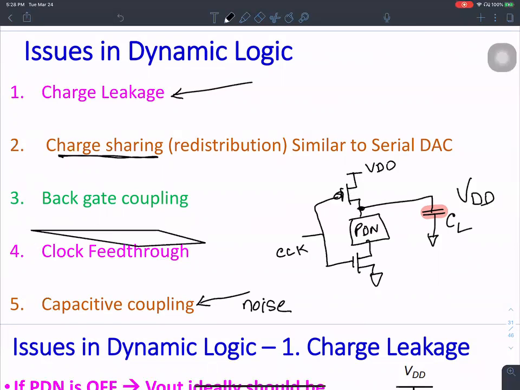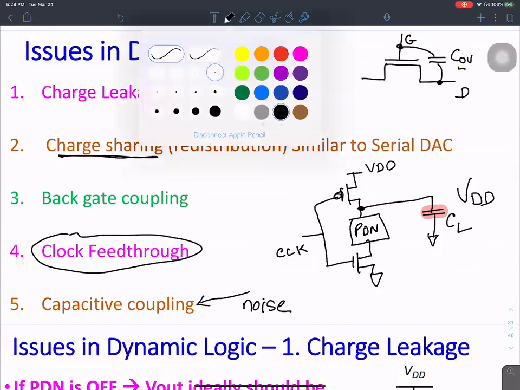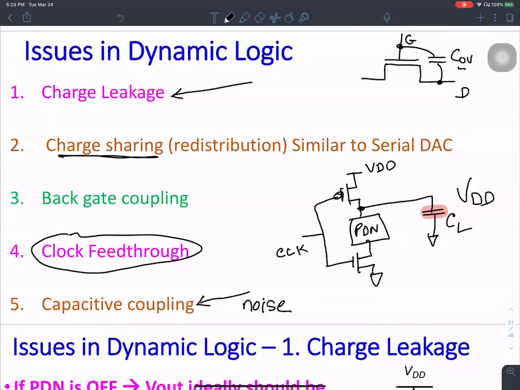And we also know about clock feed through, right? We will revisit the idea of clock feed through. If you remember, when we were doing transmission gates, before that, we were talking about pass transistors. The problem with pass transistors is this overlap capacitance between the gate and drain. That overlap capacitance shorts the clock to the output at high frequencies.